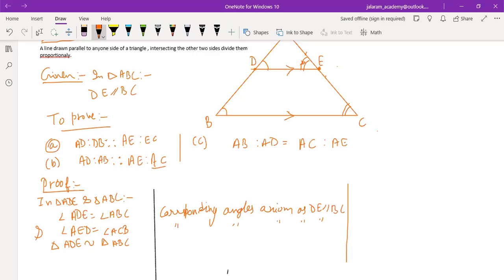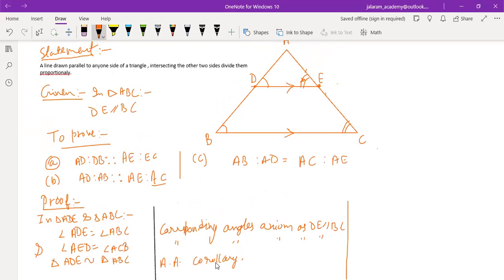The reason for the second is also the same, and the reason for their similarity is the AA corollary. Now if two triangles are similar, then we know that their corresponding sides are proportional.